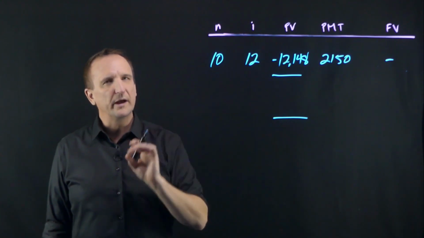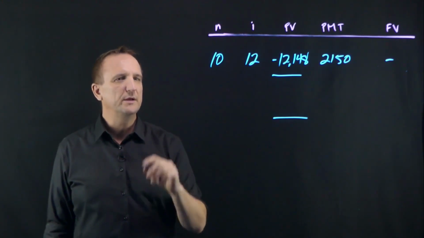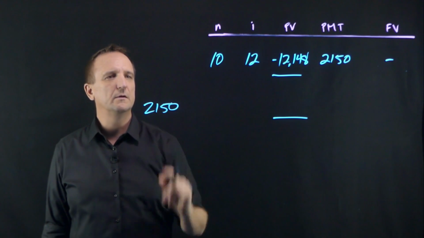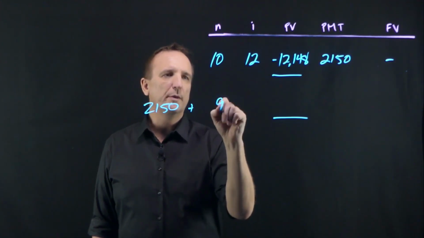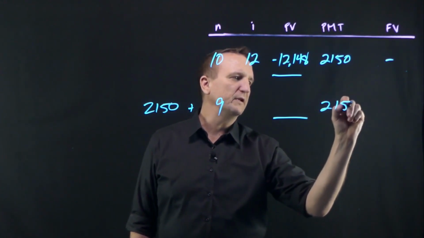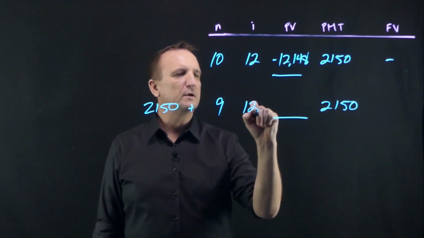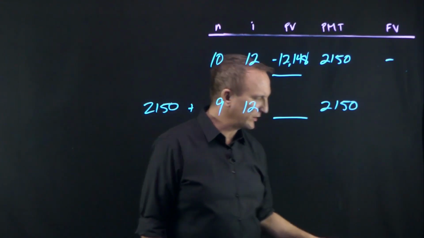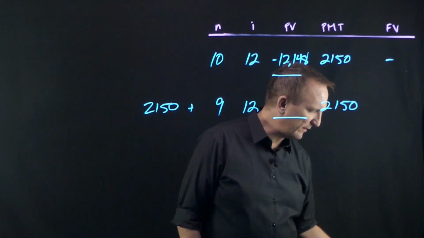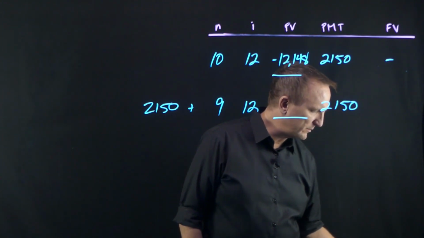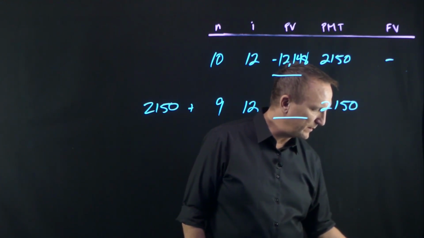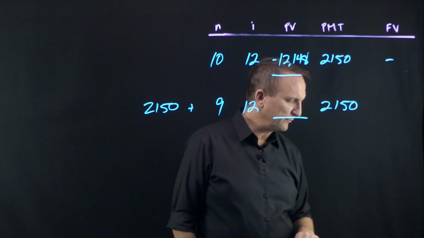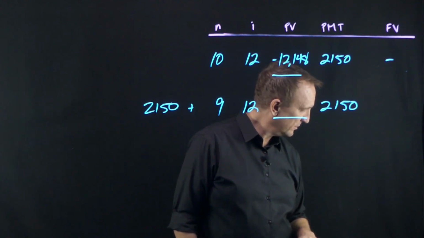So remember that first payment is going to be the $21.50, and then we're going to get 9 more payments of $21.50, for which we want a 12% return. So punching that into our calculator, we have 9 as our N, 12 as our I, $21.50 as our payment, 0 is our future value, and that gives us $11.45.